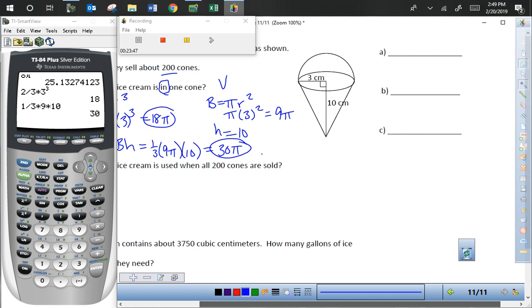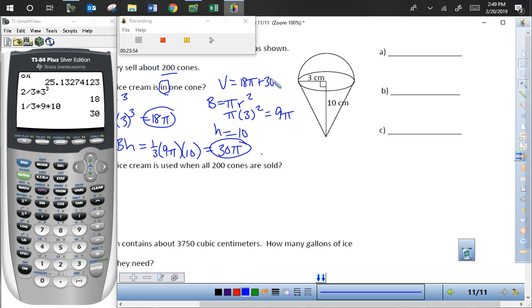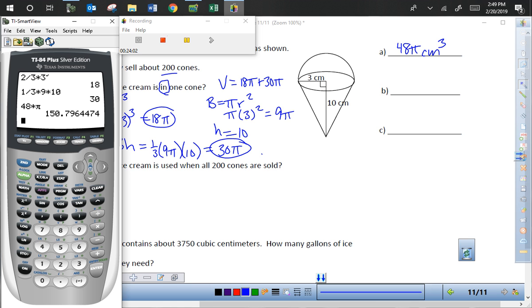So adding those together, we get 48 pi centimeters cubed. But again, we want the decimal version of this, and we'll continue just using that for the rest of this problem.